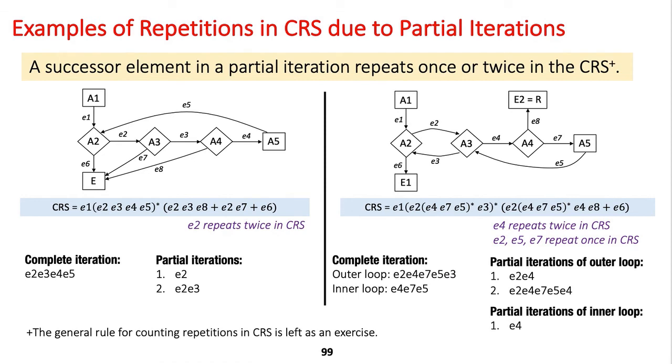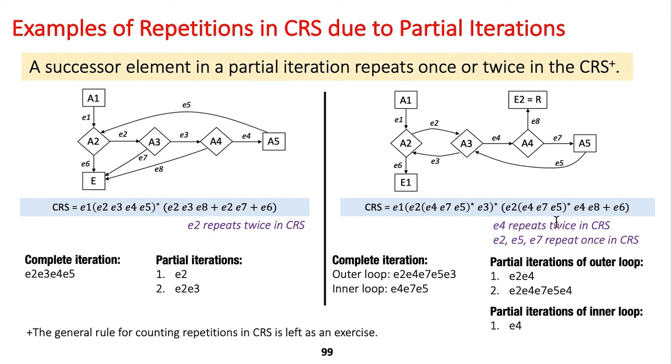In these examples, there is one interesting thing to note. If we look at the CRS, it has some repetitions. For example, when we have a loop with two breaks, E2 repeats twice in CRS. Now here we have an example with a break with a return in a nested loop, and we have repetitions.